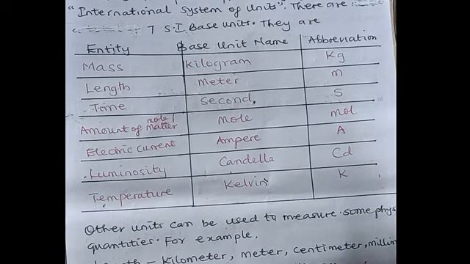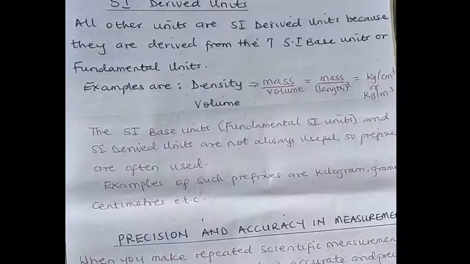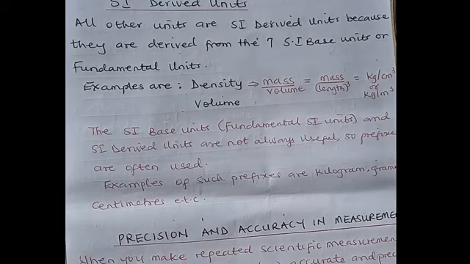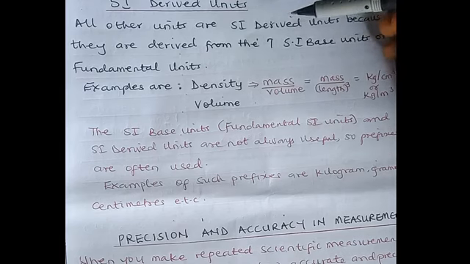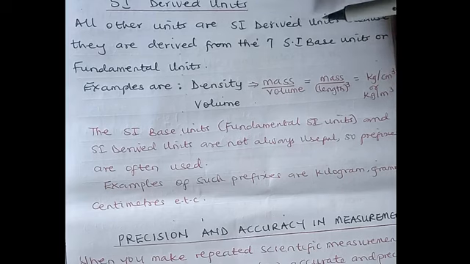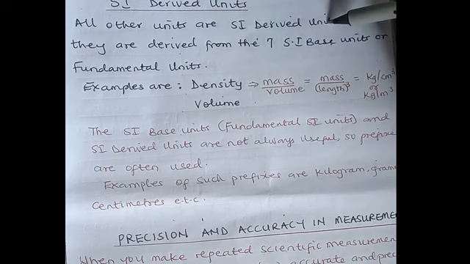Now, we will quickly consider those examples of derived units. I'm going to give you the meaning first. What's the meaning of derived unit? All other units that are derived from the 7 base units or fundamental units are called the derived units.